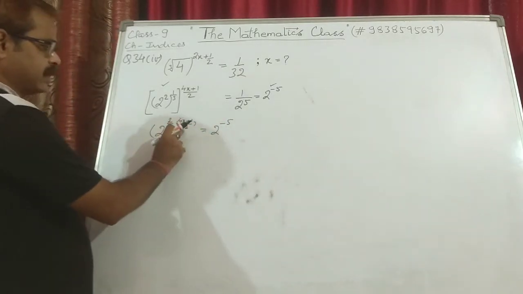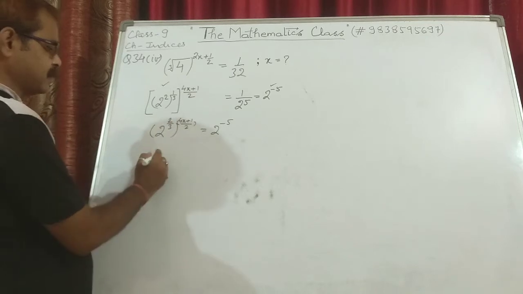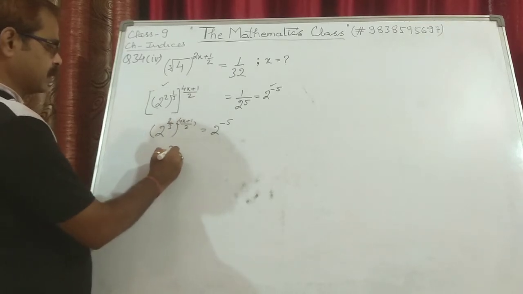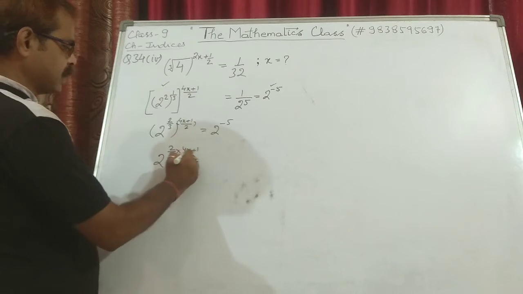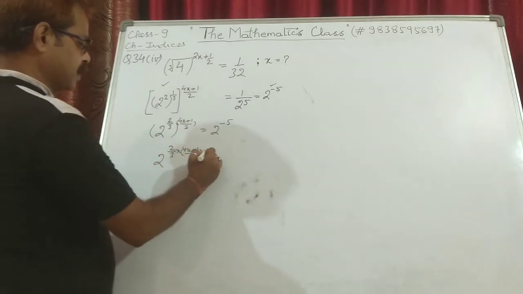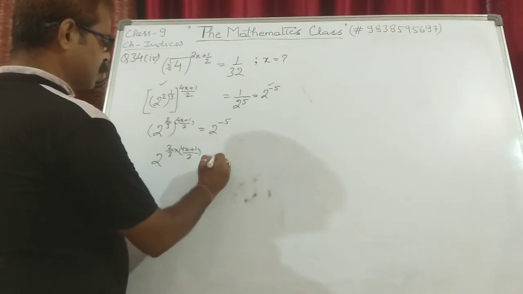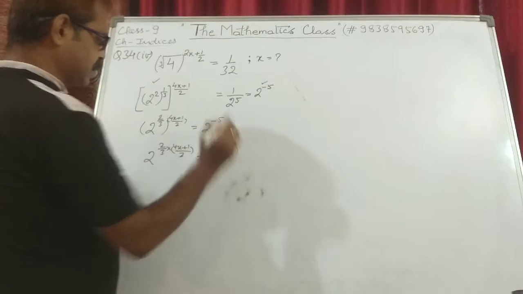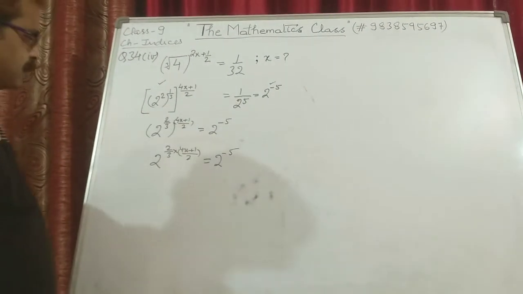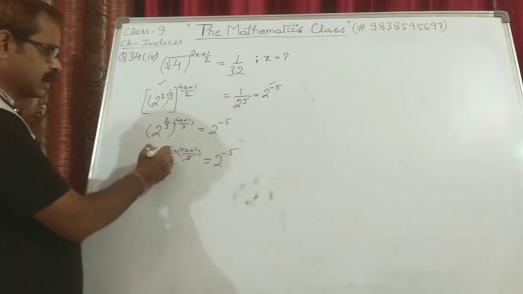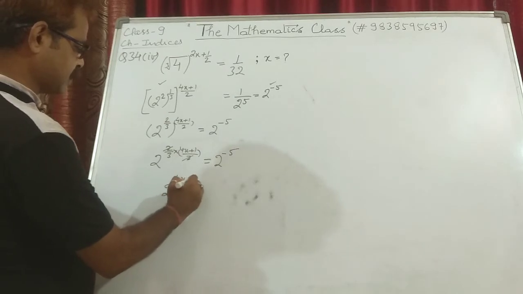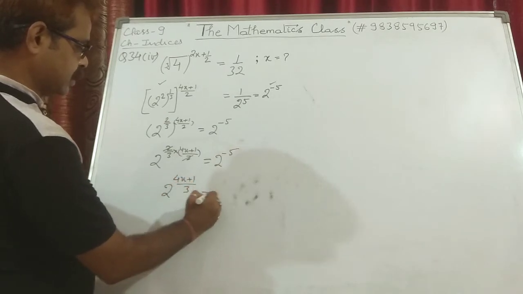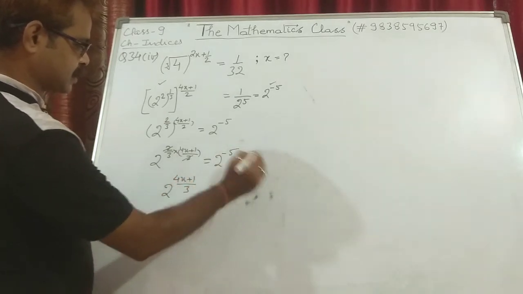Now again power of power is there, it means these will multiply. So 2 to the power 2 upon 3 into 4x plus 1 upon 2 is equal to 2 to the power minus 5. Now this 2 and this 2 will cancel. You are left with 2 to the power 4x plus 1 upon 3 is equal to 2 to the power minus 5.